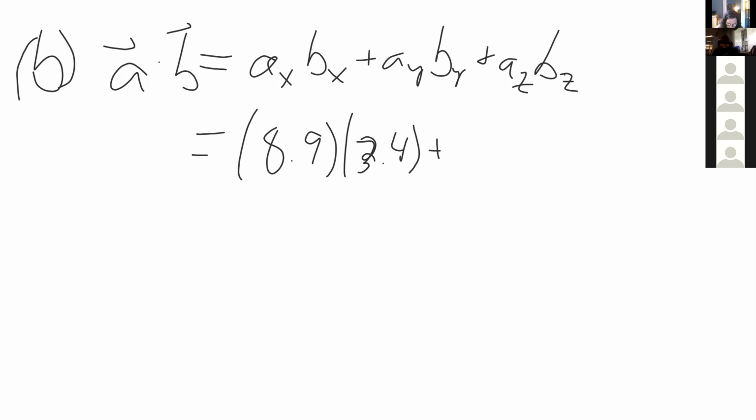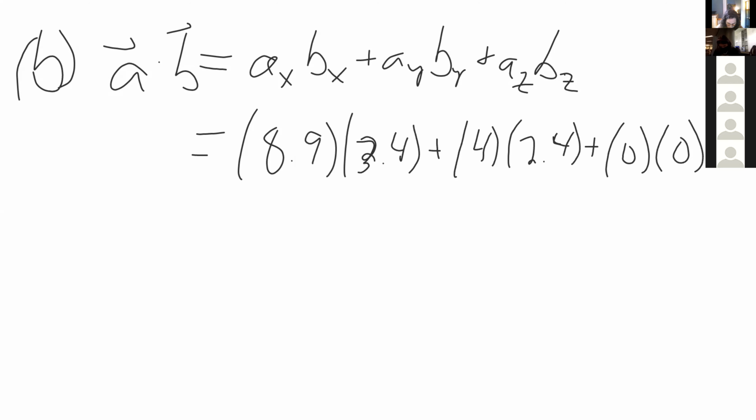My y component of A is 4. My y component of B is 2.4. And my z components for both are zeros, so that term will go to 0. If I plug this into the calculator, I would get 40. Again, no units here.